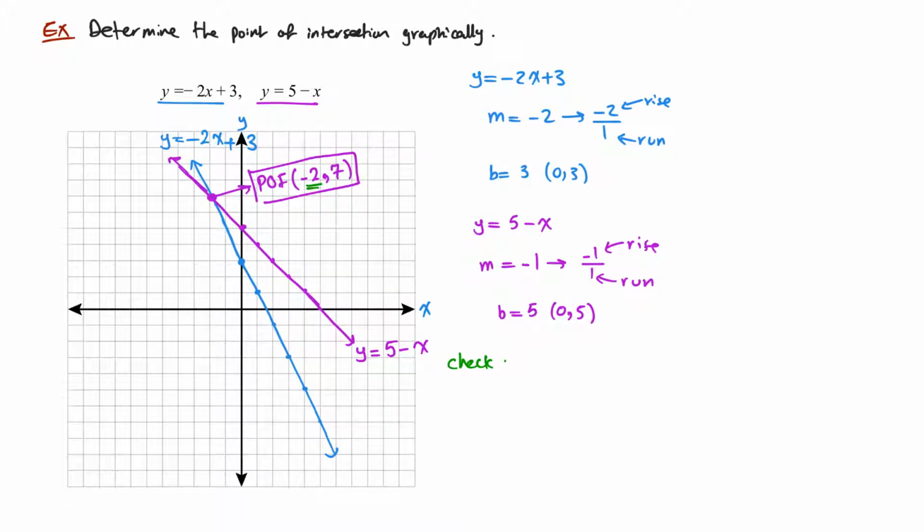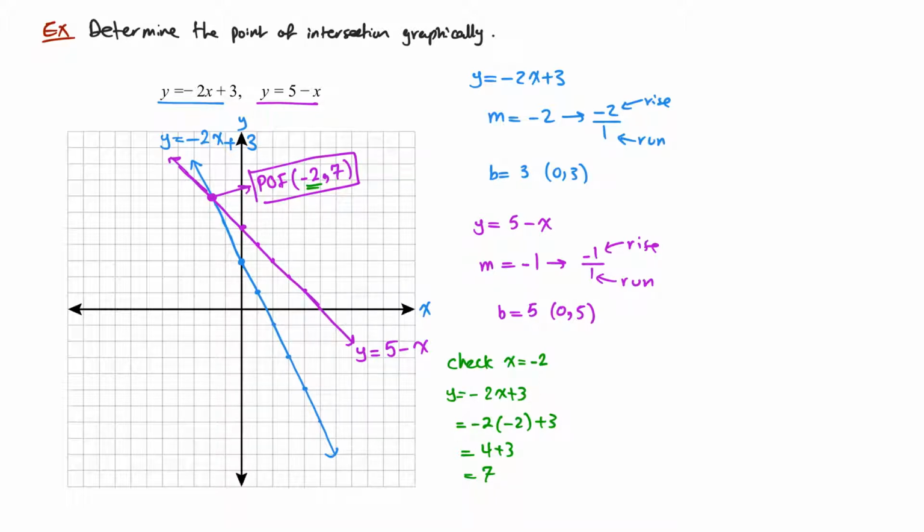So check x is equal to -2. For my first equation, y is equal to -2x plus 3. If x is -2, I get y is equal to -2 times -2 plus 3, which is 4 plus 3, which is equal to 7. And that's fantastic because my y value is 7.